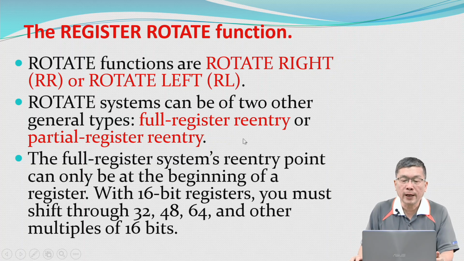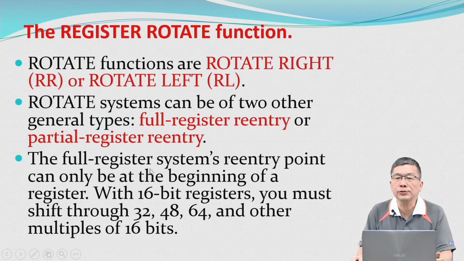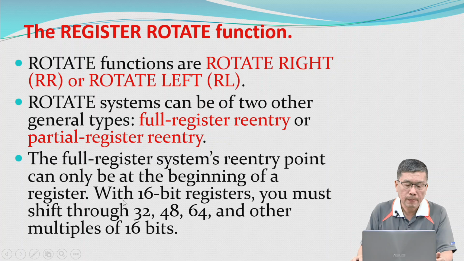Rotate functions are rotate right, RR, or rotate left, RL. Rotate systems can be of two other general types: full register reentry or partial register reentry. The full register system's reentry point can only be at the beginning of a register. With a 16-bit register, you must shift through 32, 48, 64, and other multiples of 16 bits.